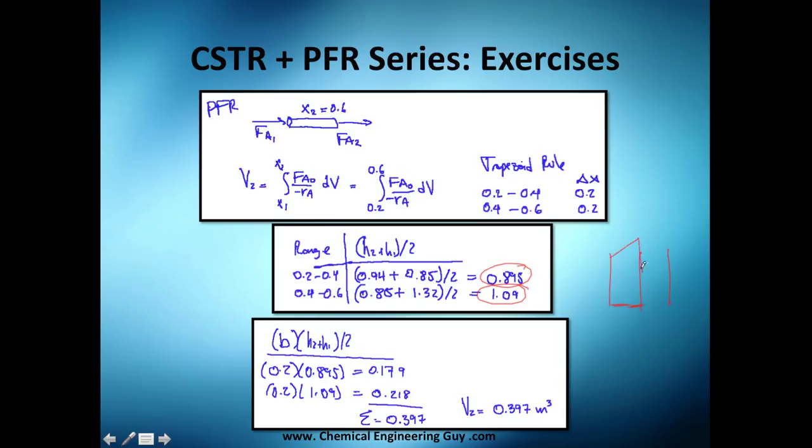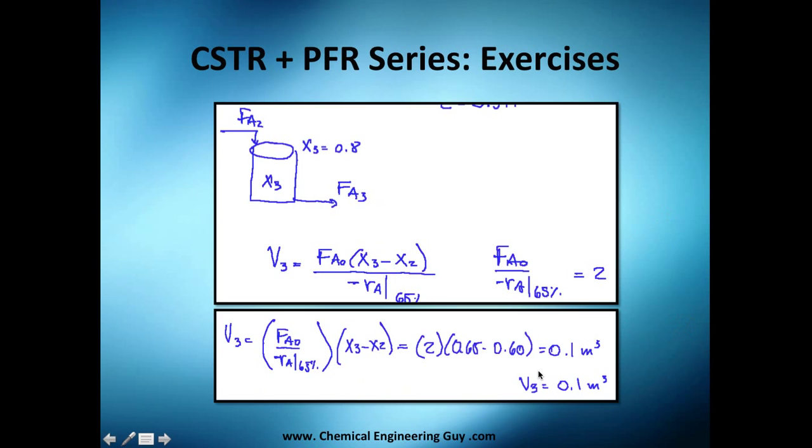I got this trapezoid, and this one here. And this individual area is this area here. This individual area is this one here. Remember that it goes from 0.20 to 0.4 and to 0.6. And the addition will be, of course, the total, which is 0.397. Okay, let's keep that in mind.